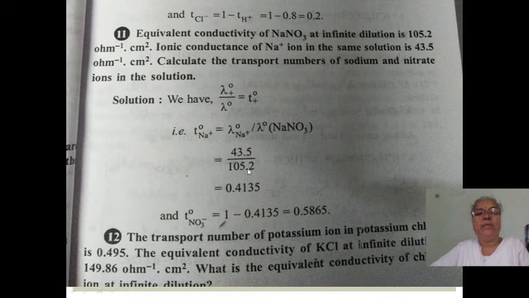By substituting these values and taking the ratio, we get the transport number of Na plus ion, which is equal to 0.4135, and subtracting this value from 1, we get the transport number of NO3 minus ion, and it is equal to 0.5865. We have seen these two examples in the last lecture, and now we see another example.